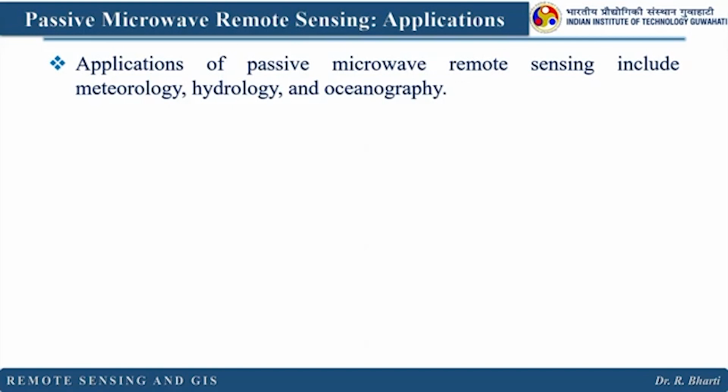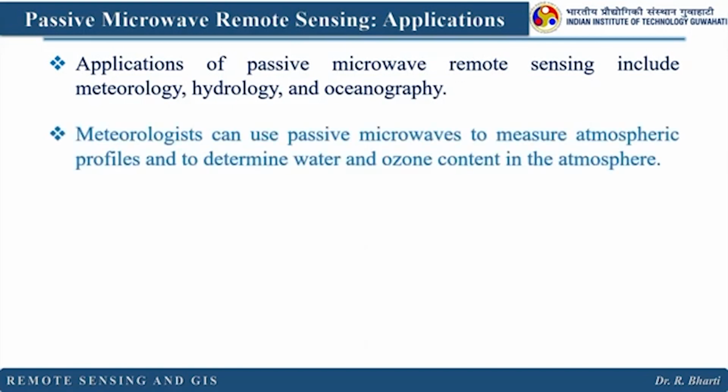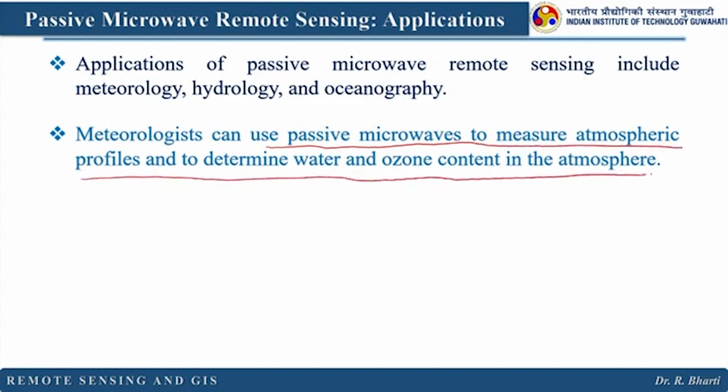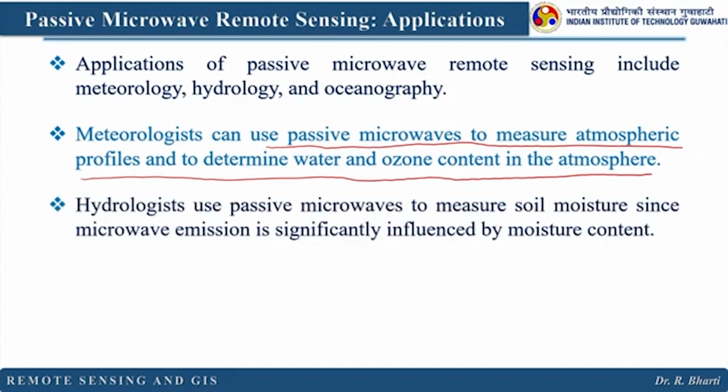Application of passive microwave remote sensing includes meteorology, hydrology and oceanography, where you don't need that high spatial resolution. The meteorologist can use passive microwave to measure atmospheric profile and to determine water and ozone content in the atmosphere.